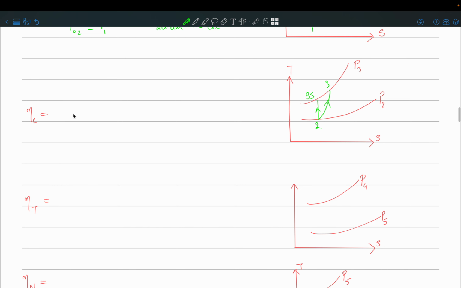So what is the efficiency formula? T naught 3s minus T naught 2 divided by T naught 3 minus T naught 2.